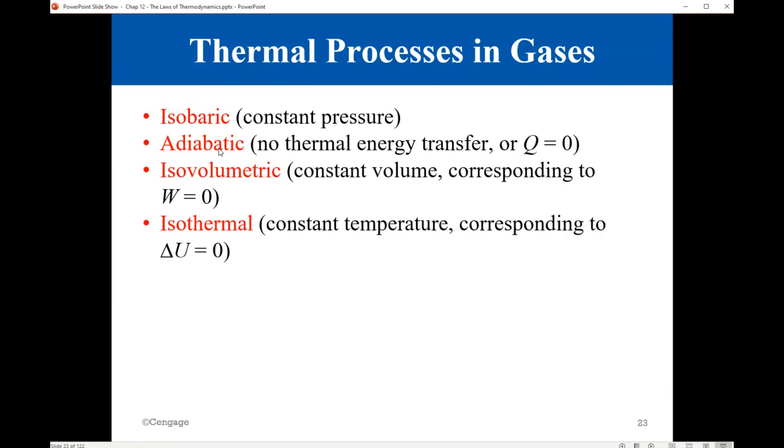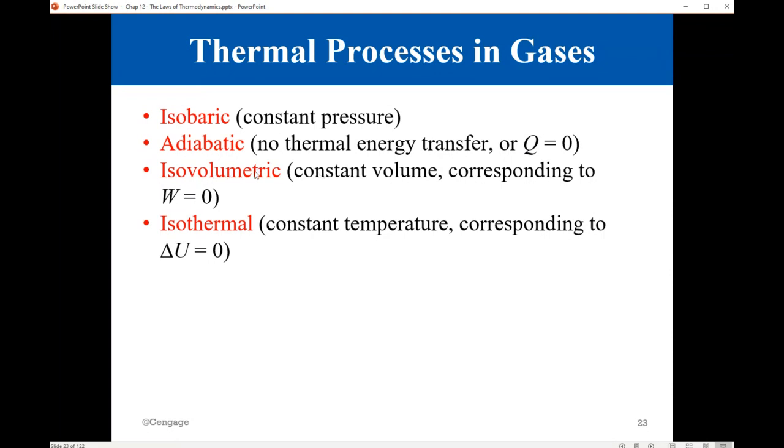So there's no thermal energy transfer from or to the system in adiabatic processes. Therefore, when Q is 0, if you examine the first law of thermodynamics, delta U equals Q plus W. If Q is 0, then delta U equals W, the work.